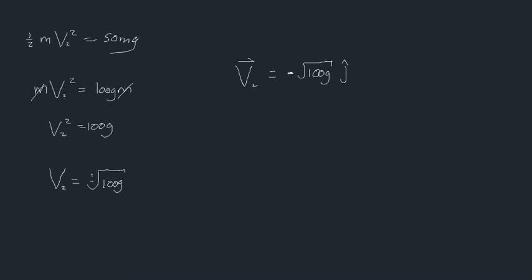Because it's heading downwards, we're going to have a negative here. And j just indicates it's in the positive y direction. Well, we can simplify that a little bit further. We know that's just going to be equal to negative 10 times the square root of g, and whatever that number turns out to be is our answer to our velocity vector at our second point.